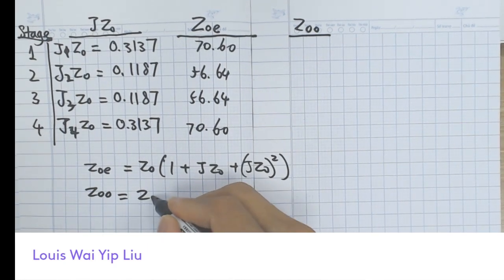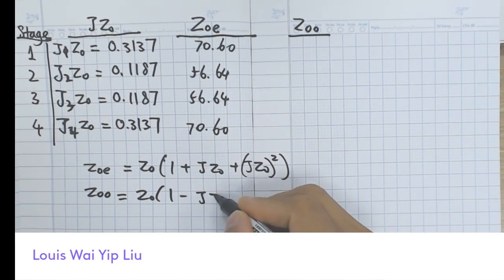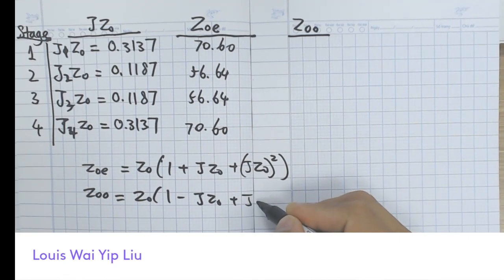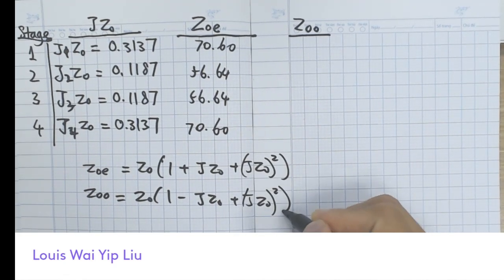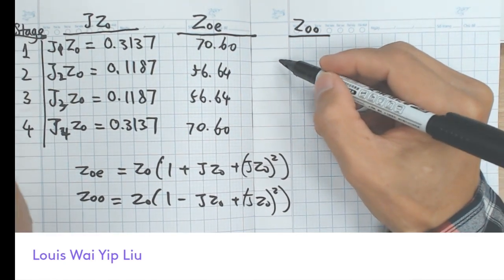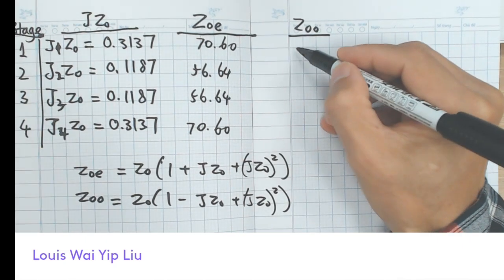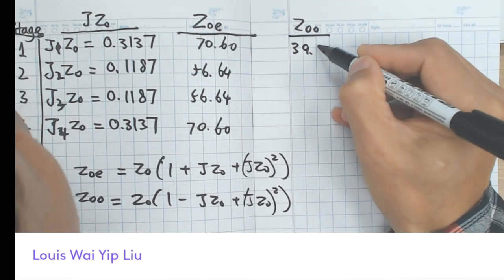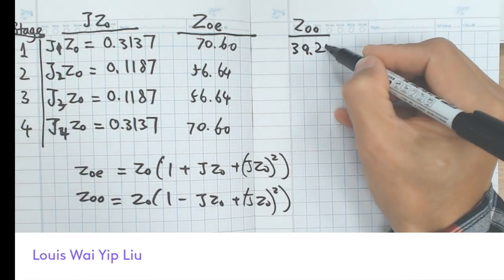We have to use this formula. And if we do it carefully, we should end up with 39.24.